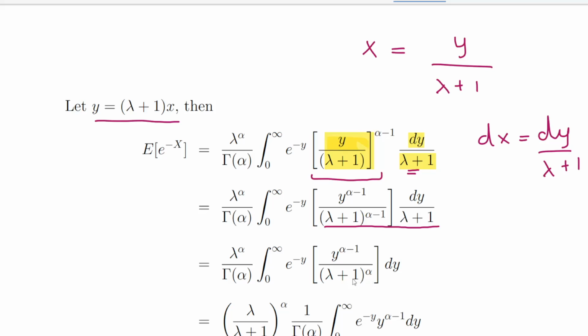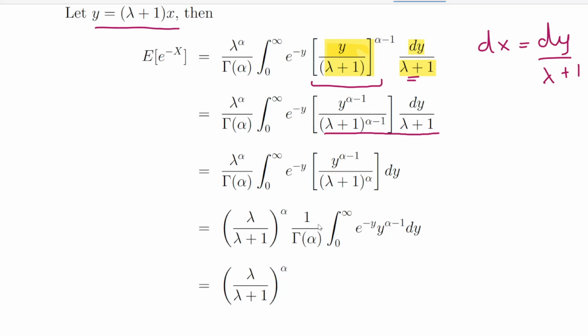It's a constant, so we can bring that whole thing outside our integral. So I'm going to reorganize the whole thing such that we have lambda divided by lambda plus 1 to the power of alpha times 1 over gamma of alpha times this integral here. Okay, now that's it done really.